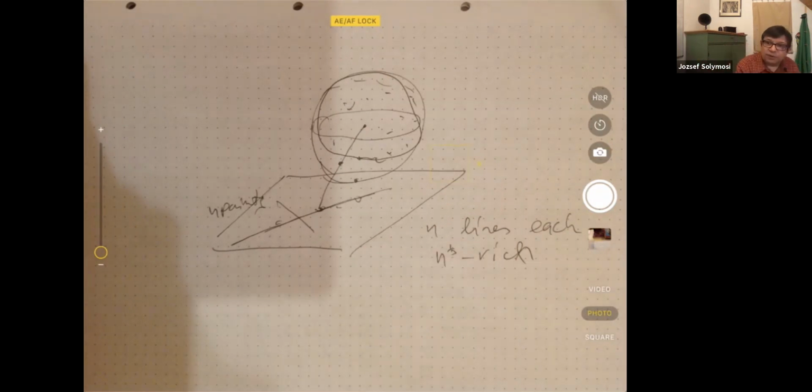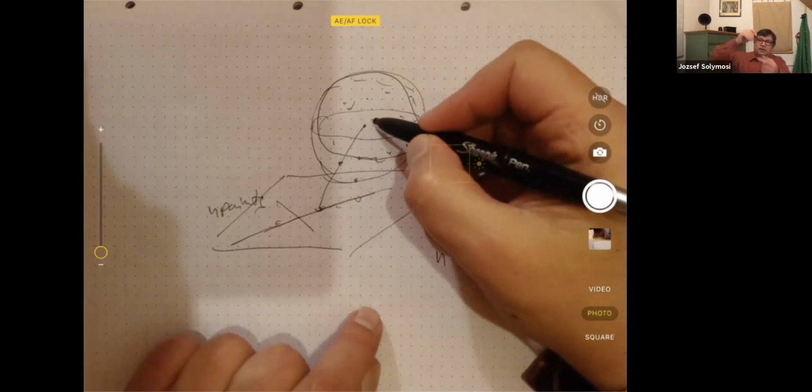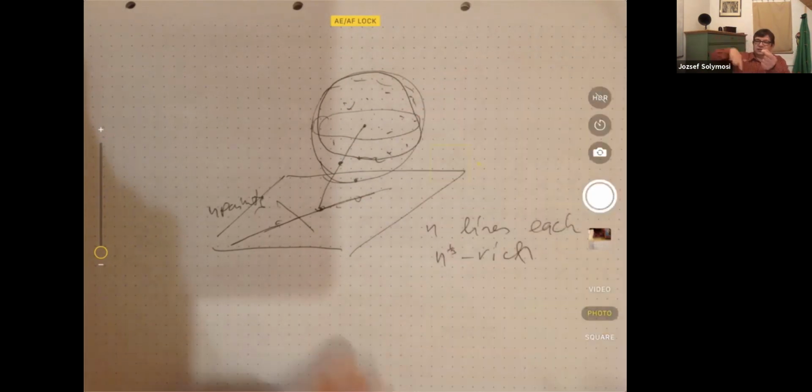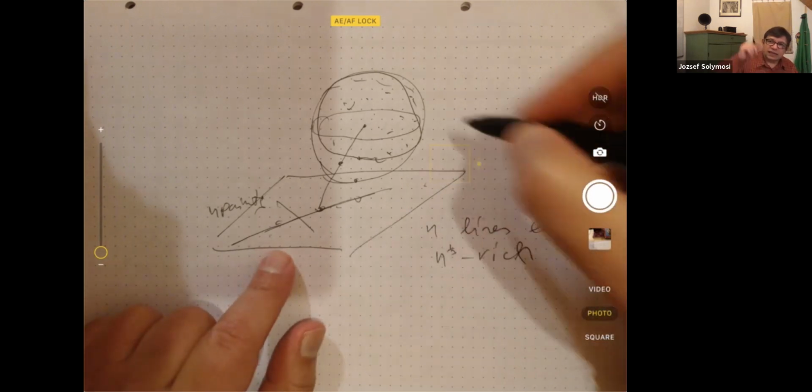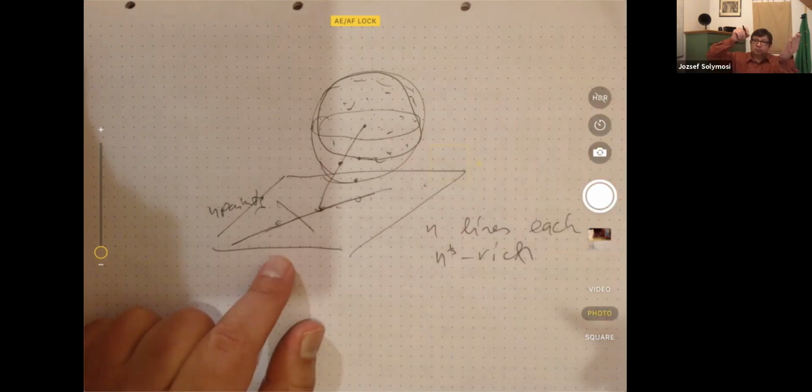So I add one point. I add the North Pole to this great circle. How many points did I add? For every line, I added the North Pole.